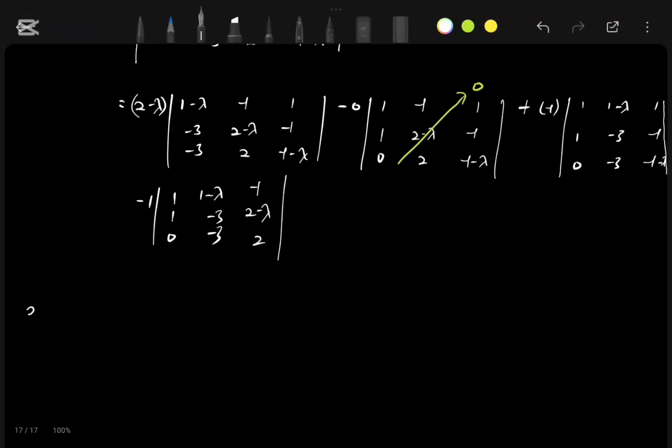So we have the first term to be 2 minus lambda, multiplying the determinant 1 minus lambda, minus 3, minus 1, 2 minus lambda, 2, 1, minus 1, minus 1 minus lambda.